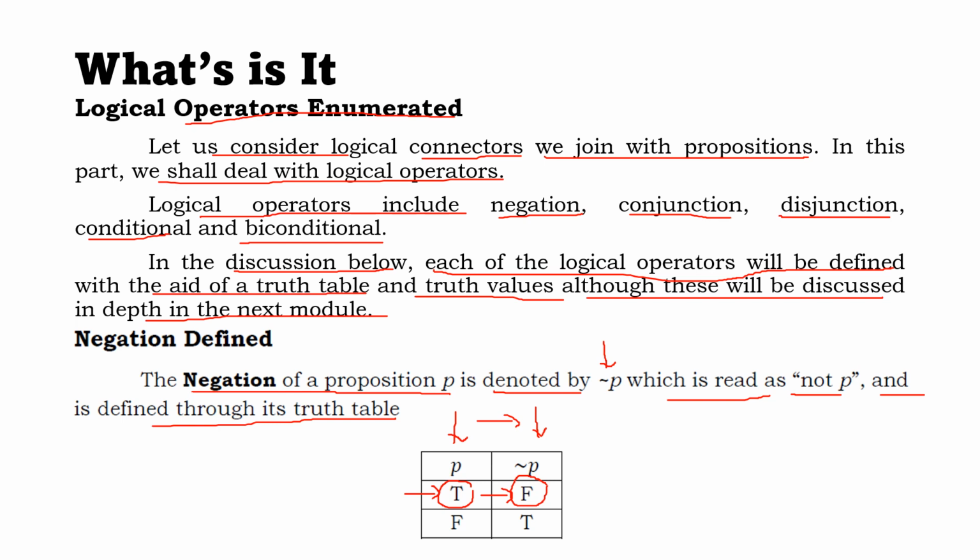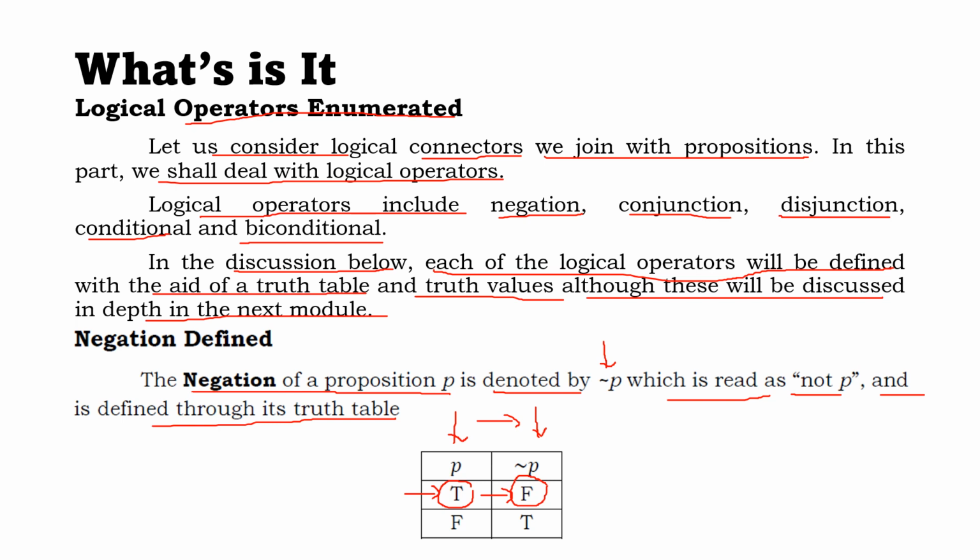Now, using your truth table here, in your first column is the value of your original proposition. Whatever truth values are in your second column for the negation of proposition P are totally opposite of the truth values in your first column.